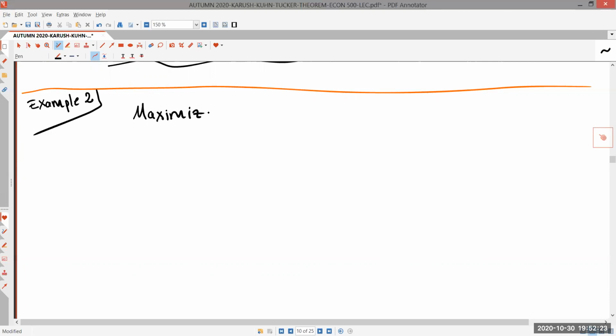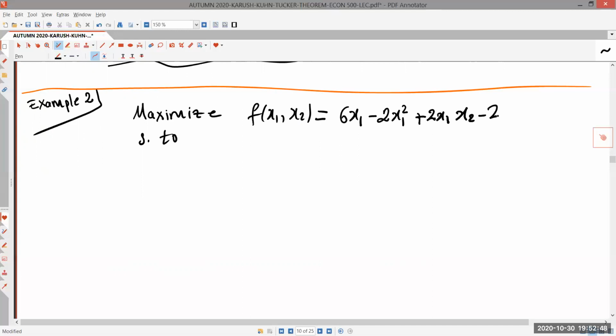So here there is this maximize, again a function subject to constraints, with 2 variables, and this is the function. Okay, and these are the constraints. The first constraint is given in this way.